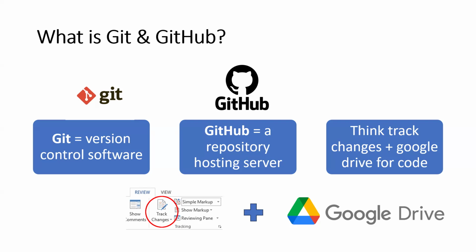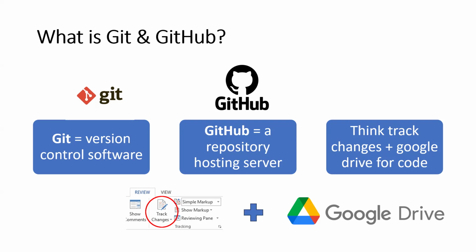So the way I like to explain this to people is that I think of them as track changes and a Google Drive. So instead of your code, each one of those scripts is like a Word document. Git will track the changes that you make in that code, or in a Word document. But then GitHub itself is just the online server where your scripts and your repository projects live.